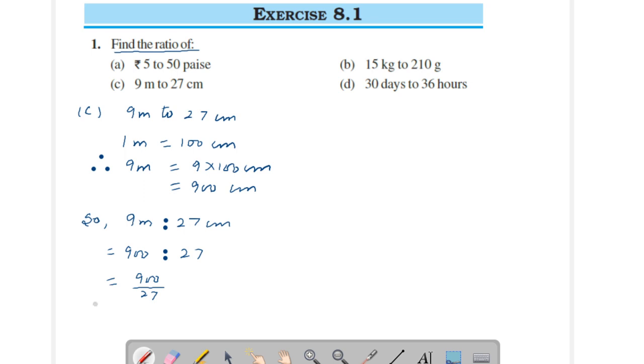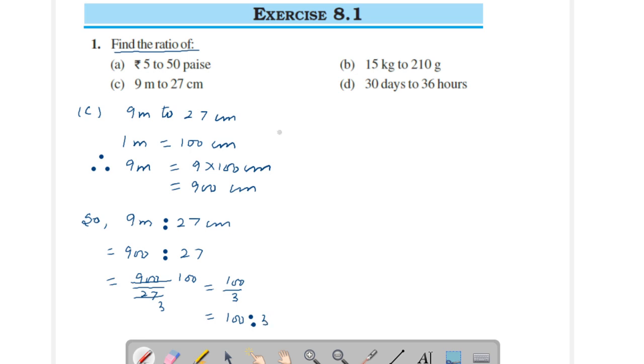You can cancel both the terms by 9. If you cancel it, you will get 900 by 9 is 100, and 27 by 9 is 3. This can be written as 100 upon 3, and in ratio form, this can be written as 100 ratio 3. This is your answer.